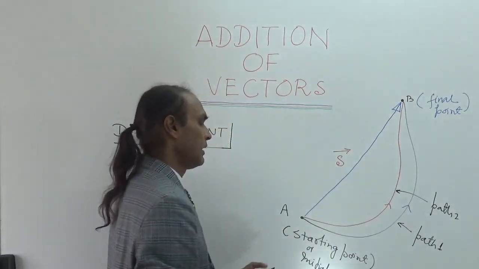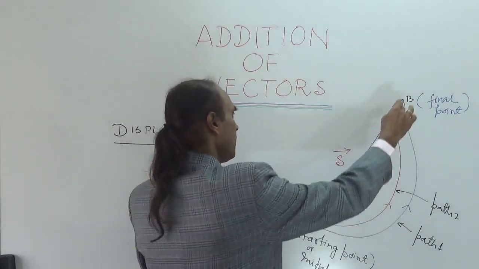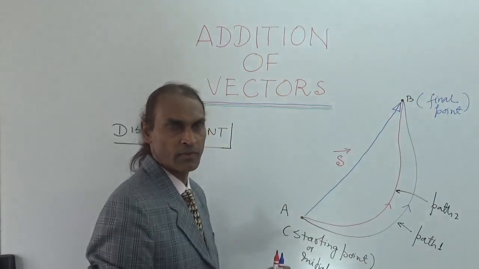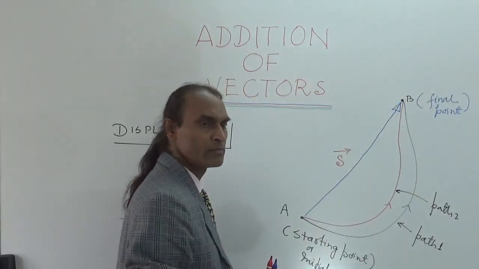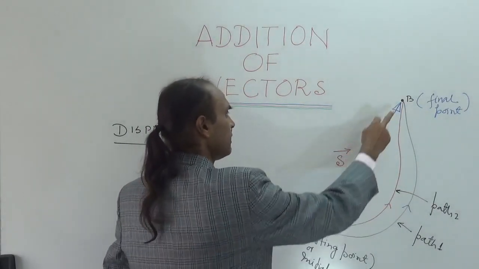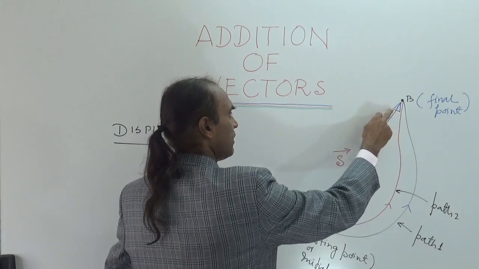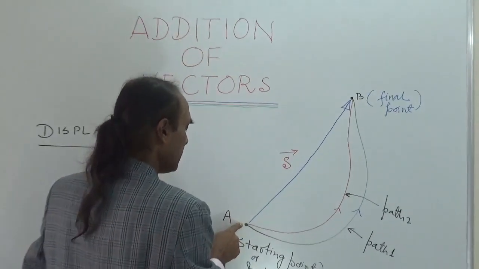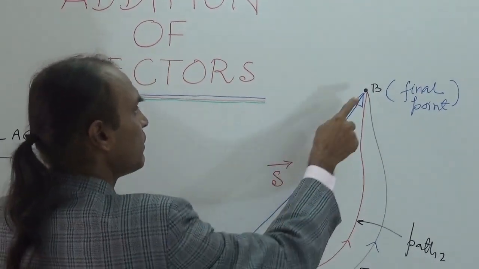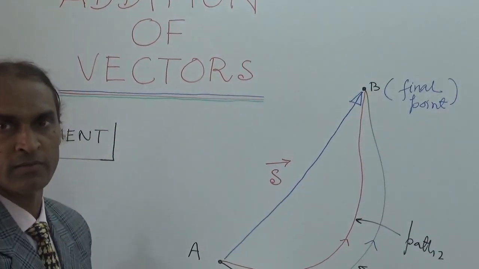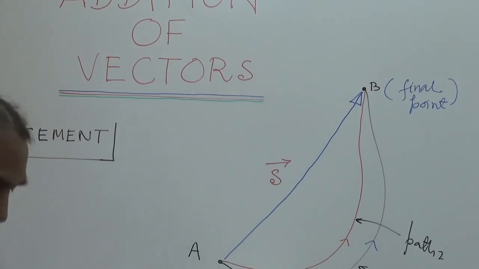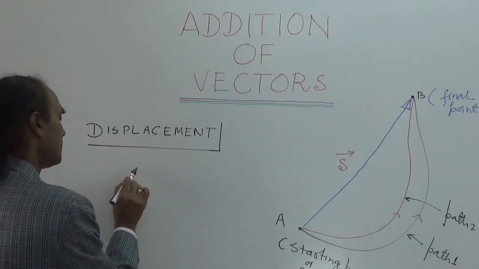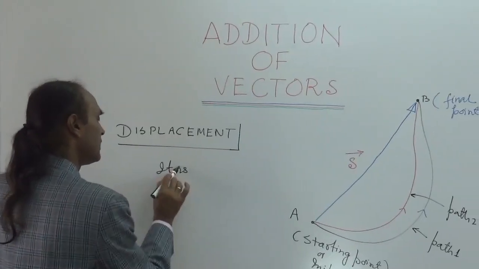Its magnitude is the length of the minimum distance between the final and initial point, final and initial position, and the direction is given by the tip of the arrow, which points from the initial point or the starting point to the final point or the destination.